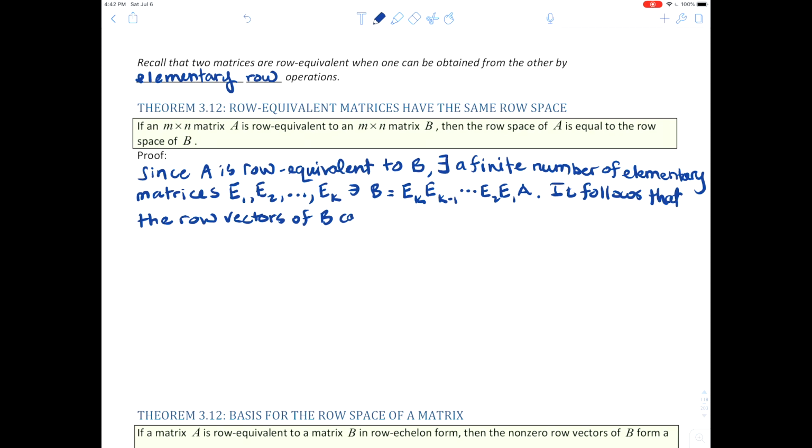Beautiful. Can be written as linear combinations of the row vectors of A.